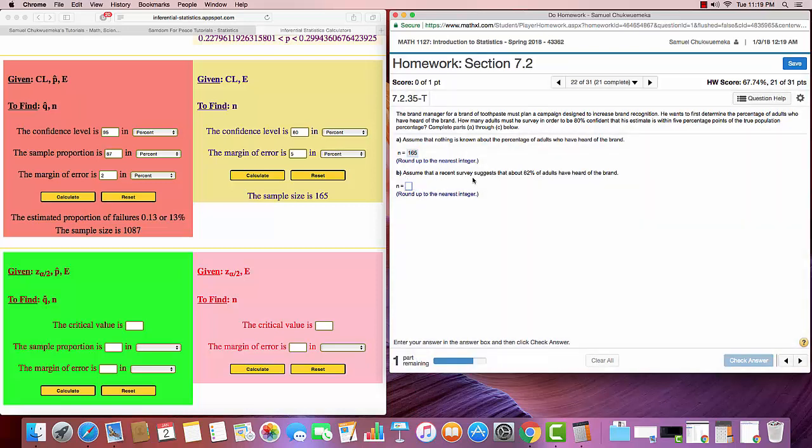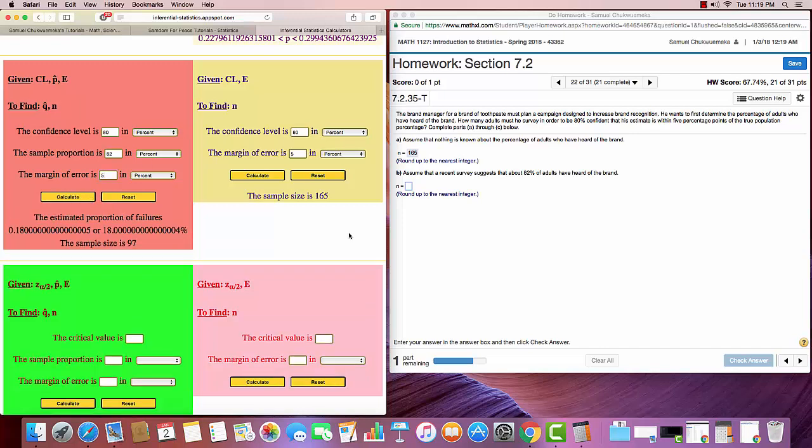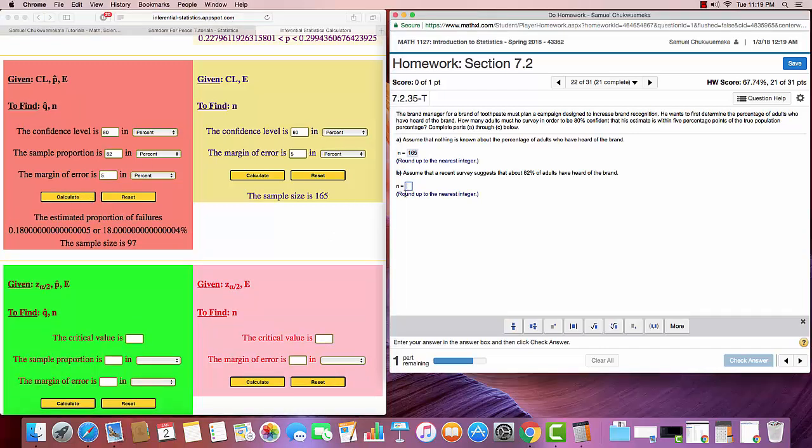B, assume that a recent survey suggests that about 82% of adults have heard of the brand. So we have to use this here. Confidence level is 80%. Sample proportion is 82%. And margin of error is 5%. Calculate. So sample size is 97.